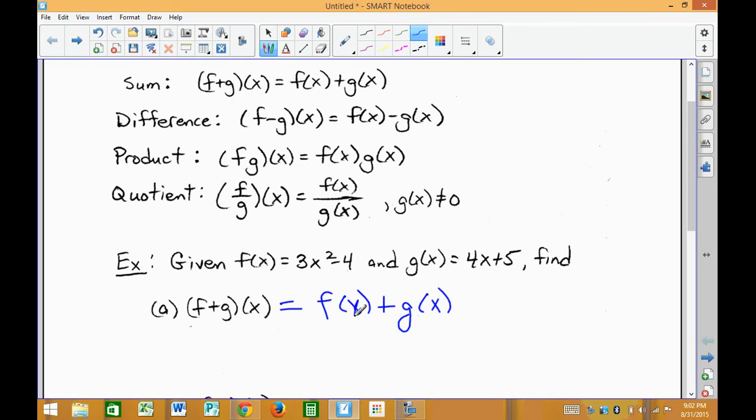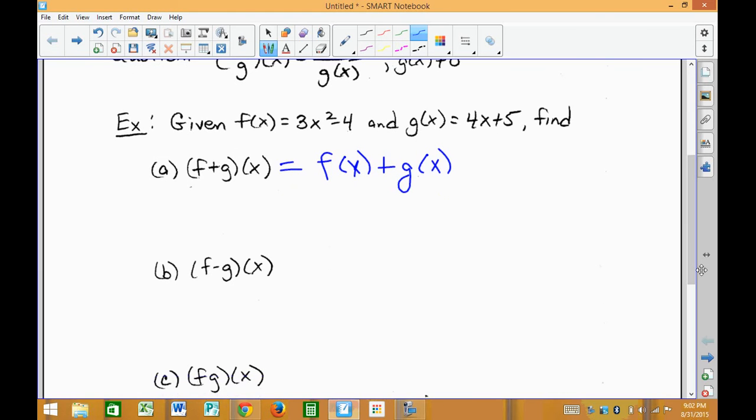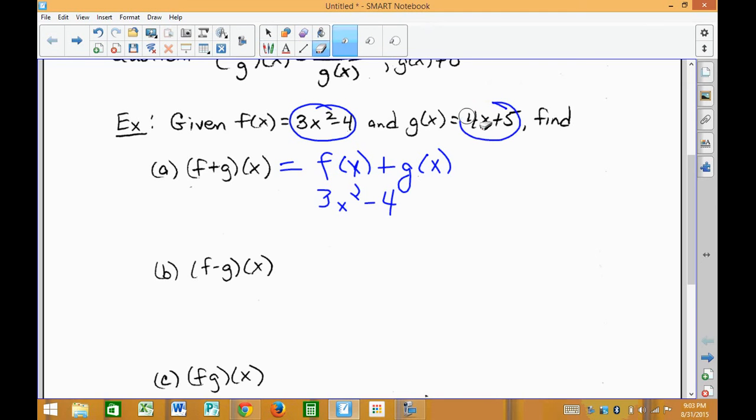Okay, so all we're going to do is take all of f of x, 3x squared minus 4, and all of g of x. You can put g of x in a different color. Let's use, let's say, red.